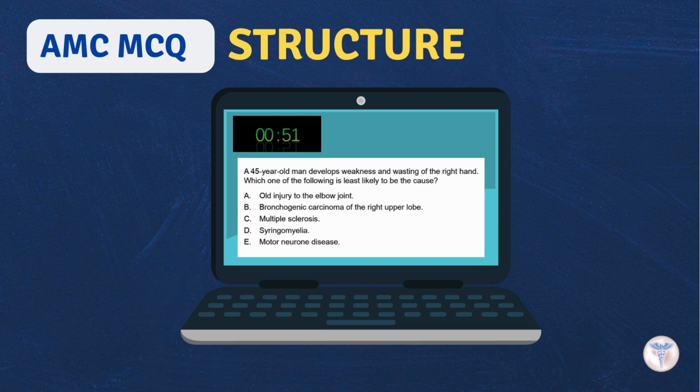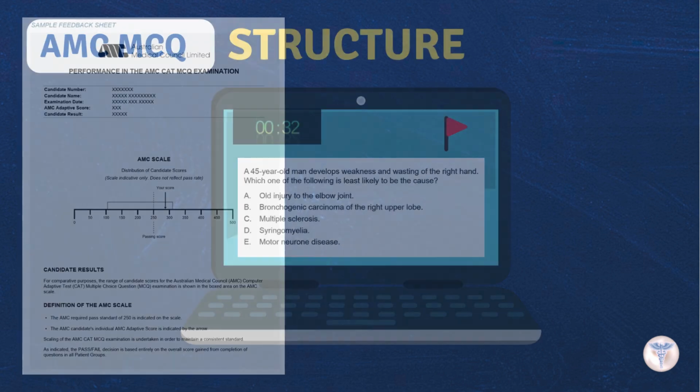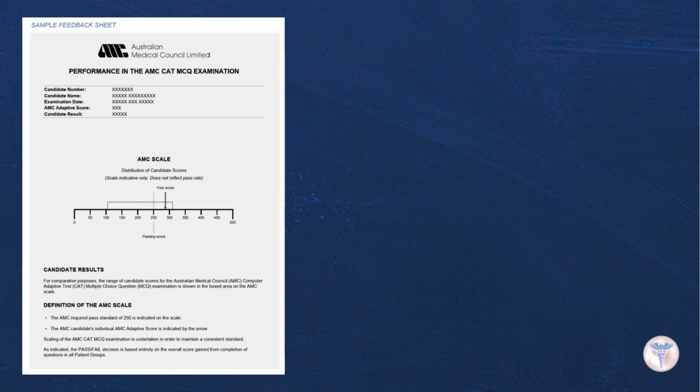Candidates must pace themselves to provide review time, if required. Candidates can flag or assign items for review during the examination, but will not be able to return to these items until all 150 questions have been answered. Each candidate receives a computer-generated transcript of their results after 4 weeks.